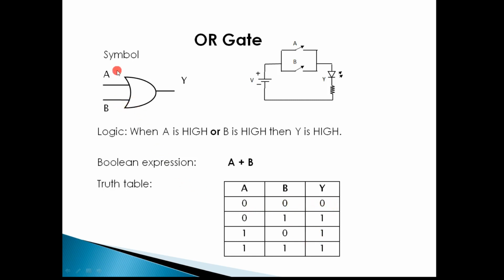If you have a multiple input OR gate, that means more than 2 inputs, then you can say that when any one input out of all these inputs is high, then output will be high, and when all the inputs of OR gate are 0, then only the output of OR gate will be 0.